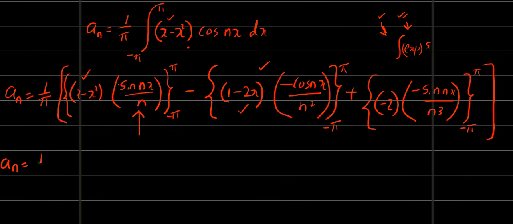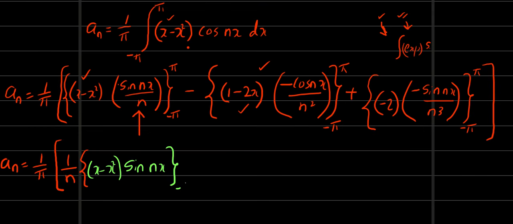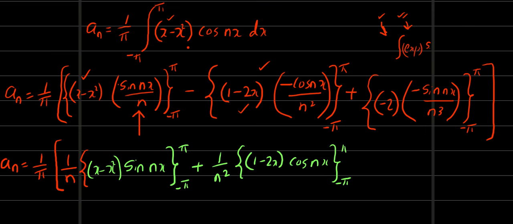An is equal to 1 by pi. So this 1 by n is going to come outside. Sine nx within the limits minus pi to pi. And here it will become plus 1 by n square. And tell me what is inside the bracket? 1 minus 2x and cos nx within the limits minus pi to pi.